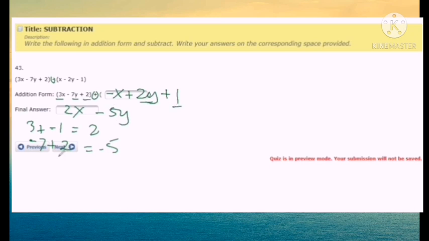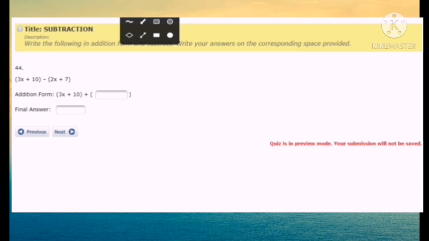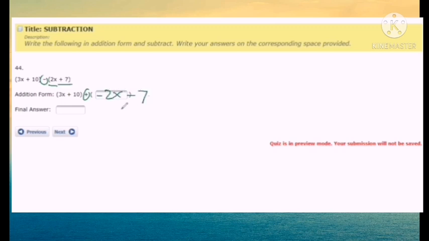And then 2 plus 1, that is equal to 3, so plus 3. Number 44. Okay, we have minus becomes plus, then 2x will become negative 2x, plus 7 is negative 7. So 3 plus negative 2, that is equal to 1, so 1x, or simply x, and 10 plus negative 7 is equal to 3, so plus 3.